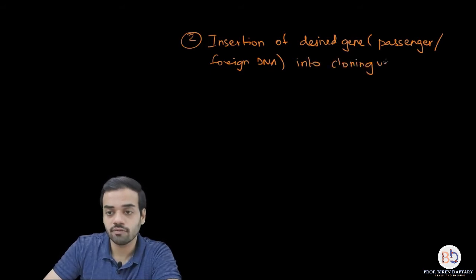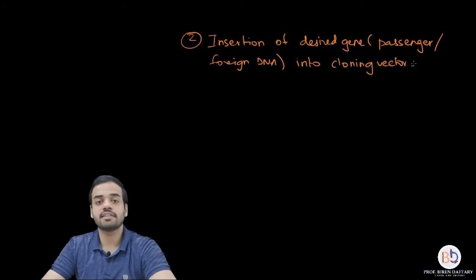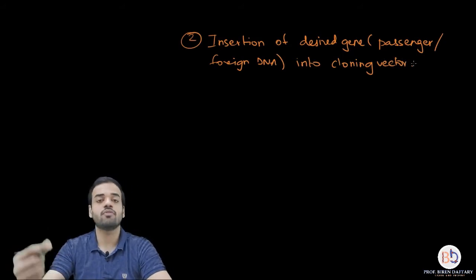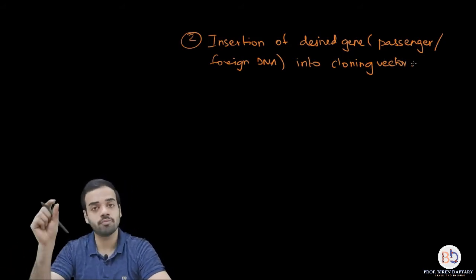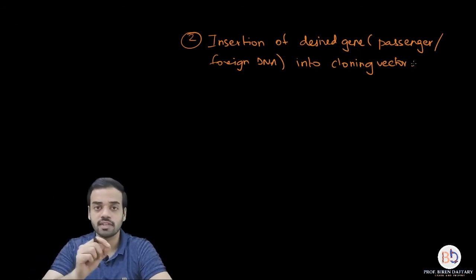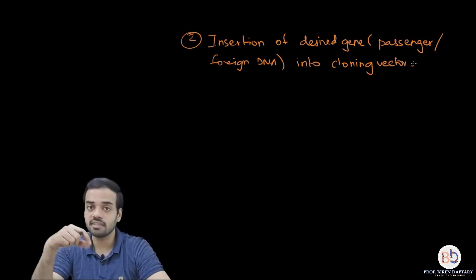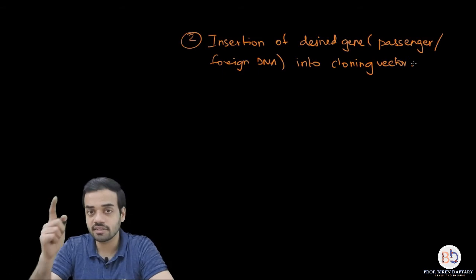First of all we have extracted the desired gene, or the foreign DNA, or the passenger DNA from your donor organism. Now we need to put that desired gene into the cloning vector. This is the second step.